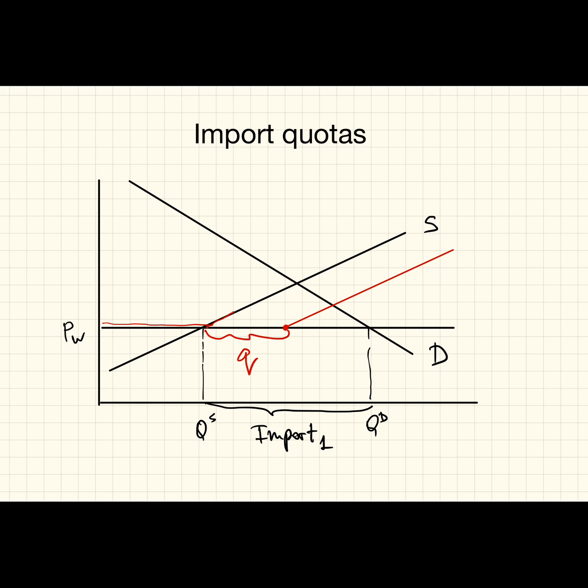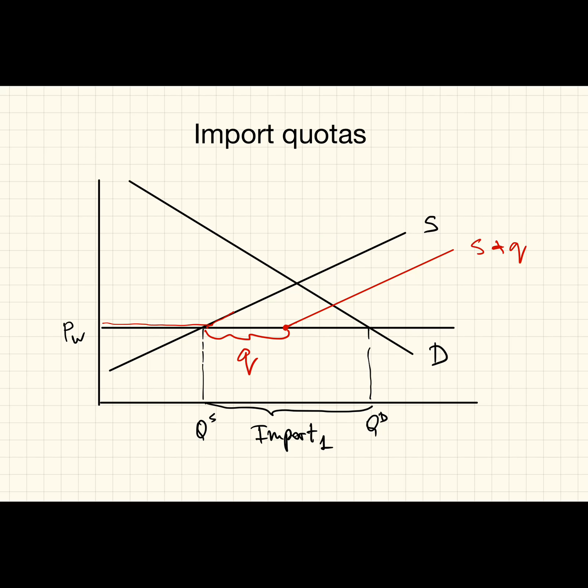Again, as price is going up, quantity supplied increases. If we take into account the quota, in addition to whatever is being produced domestically, we'll be basically moving along this curve, which is S plus Q. As price is going up, we move up along this curve and also along this curve, right?